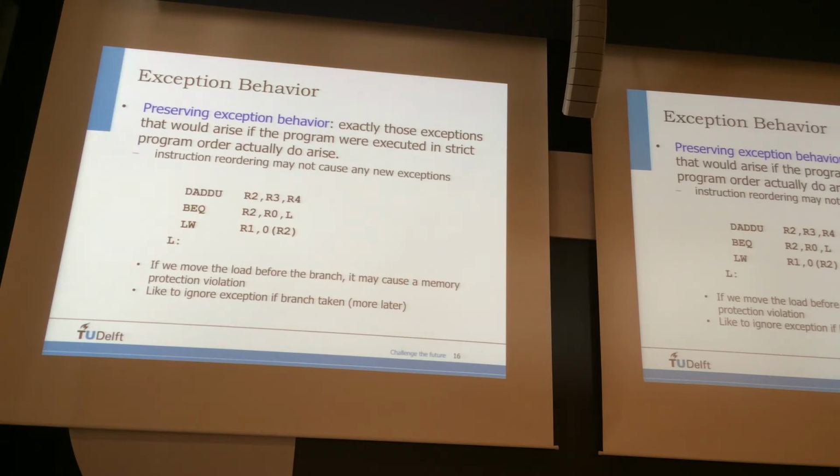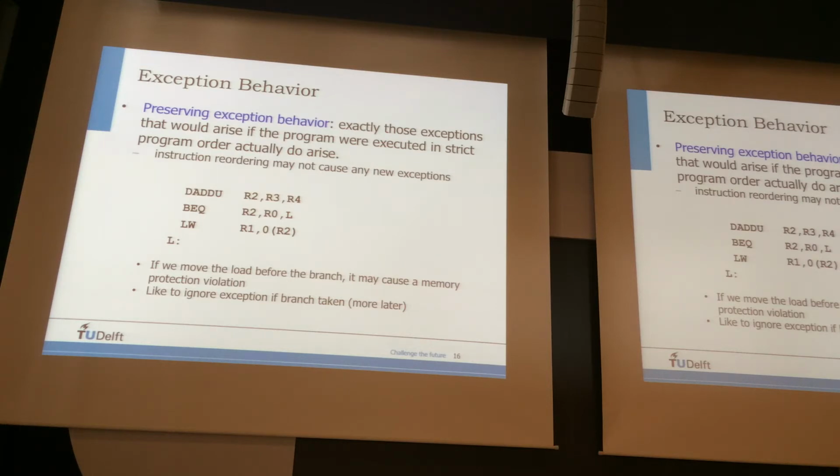The load after the branch, from the data dependency point of view, can be moved also before the branch. Because if the branch will be taken, it will have no effect. If the branch will not be taken, it will be executed like it would have been executed after the branch. And then I'm winning something. Then, at first glance, what I see is that moving the load up will be good.